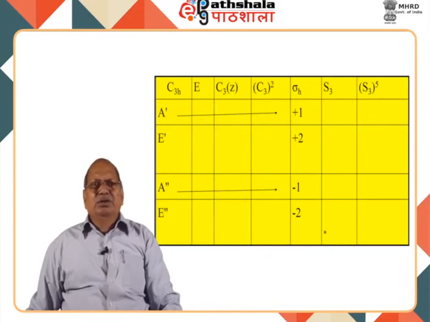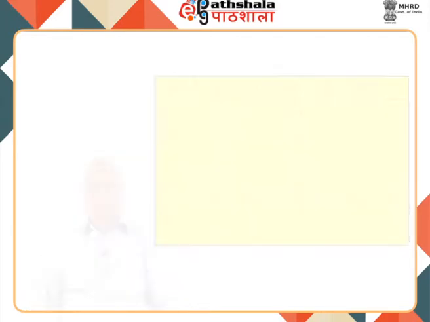Now, in the C3h character table, A1' is given when the character for sigma h is +1, and A'' is given when the character for sigma h is -1. The rules which we have obtained, that is rule 3 and 4, are equally applicable to one-dimensional, two-dimensional and three-dimensional irreducible representations.